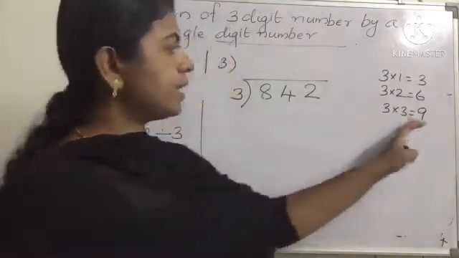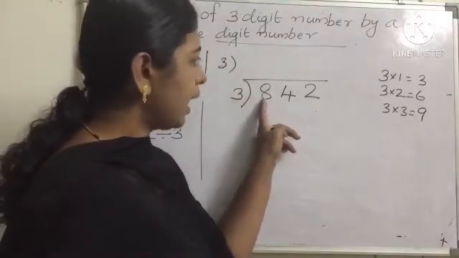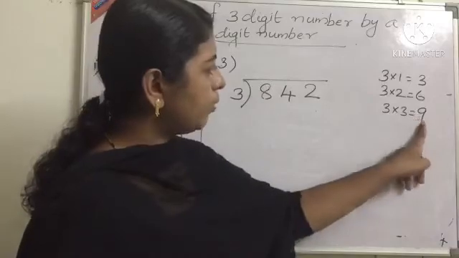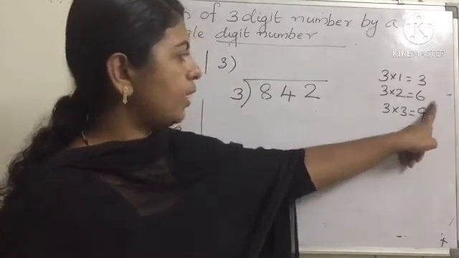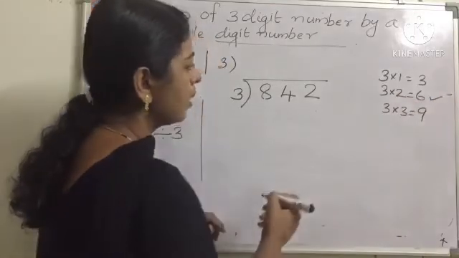Now 3 threes are 9. Here only 8, so 9 we don't want. Then which value can we take? We can take this 6. 3 into 2 is 6.